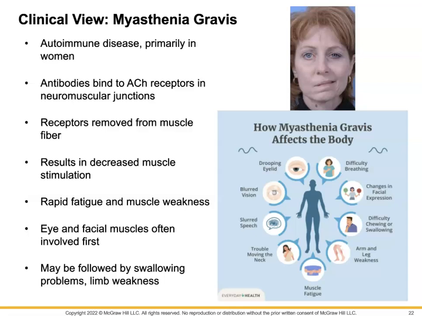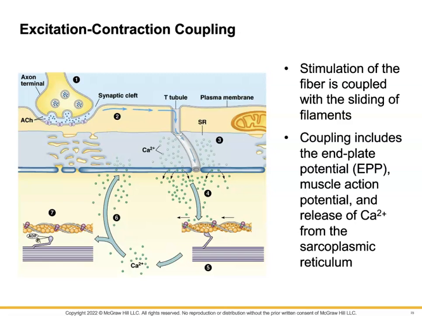The second event of muscle contraction is excitation-contraction coupling. So this involves the sarcolemma, the muscle cell membrane, T-tubules, and the sarcoplasmic reticulum.